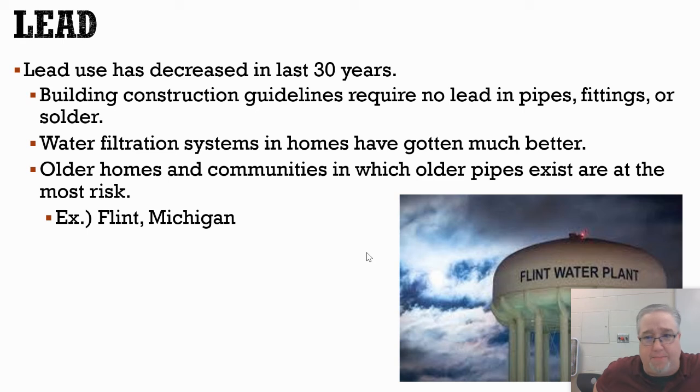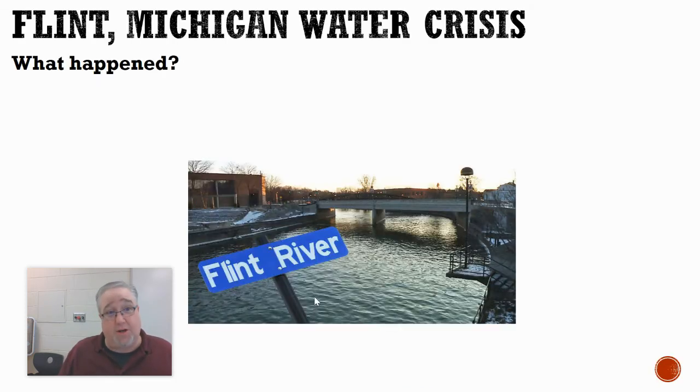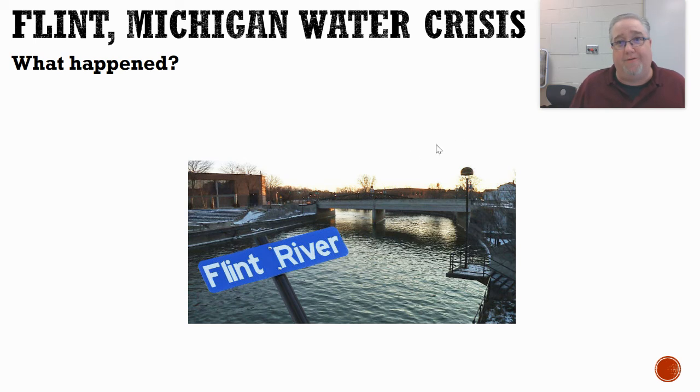A really good example of this was a place called Flint, Michigan. And I'm going to guess, if you've been alive for the last 20 years, you may have heard of some environmental problems in the city of Flint, Michigan. So I do want to talk about them a little bit today because it is kind of a historical thing. I think this is something that people will be talking about for a long time.